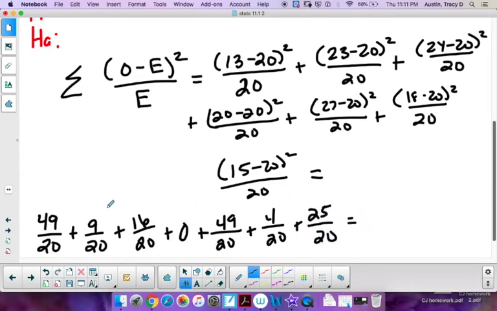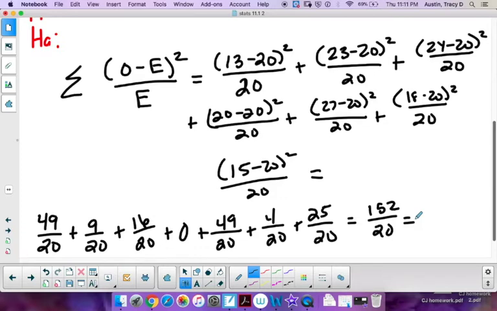Okay, so add those all together. That's 58, 68, 74. Ooh, I'm going to cheat. 78, 98, 103, and 143, 152. So 152 over 20, and now I'm actually going to grab my calculator and divide that.